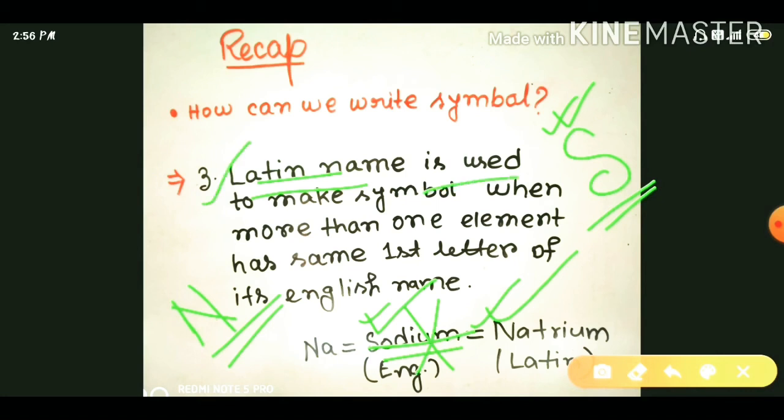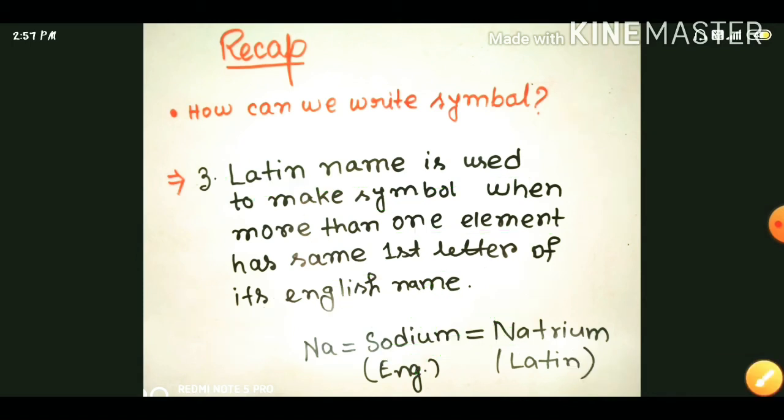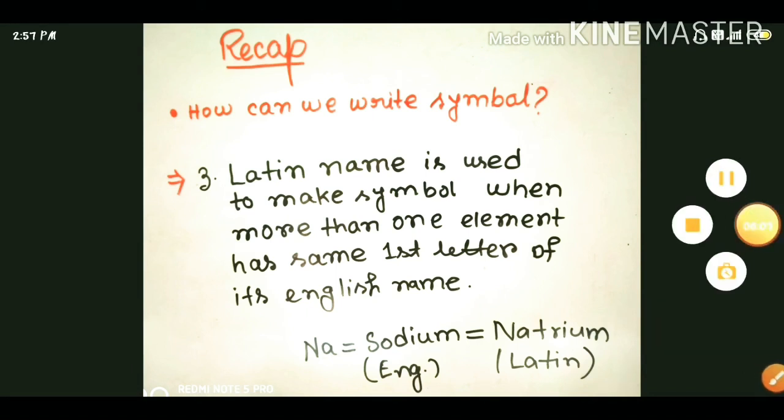Latin name is used to make a symbol when more than one element has the same first letter in its English name, right? So we take its Latin name, that is natrium, so Na is taken as its symbol. Okay, let's move on.